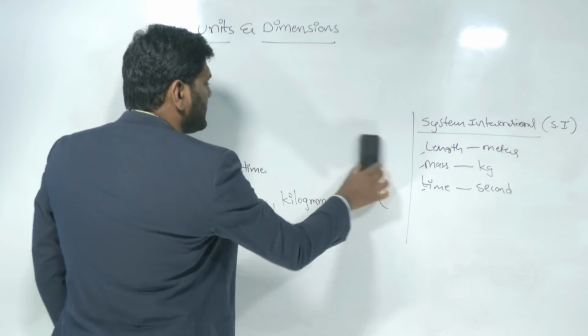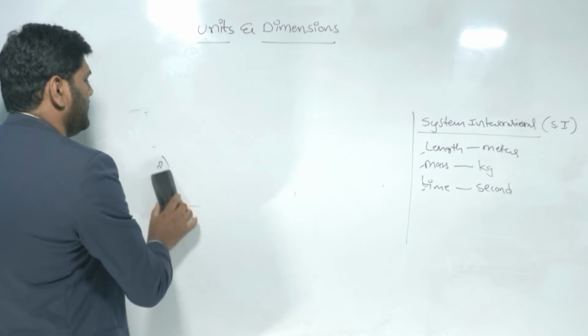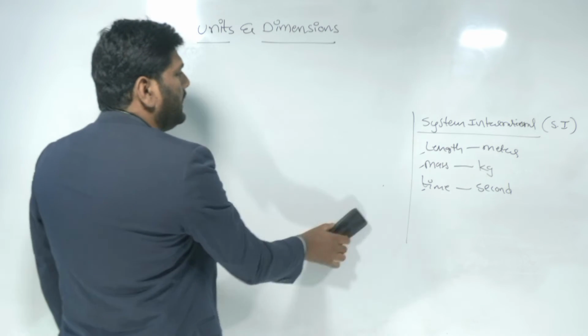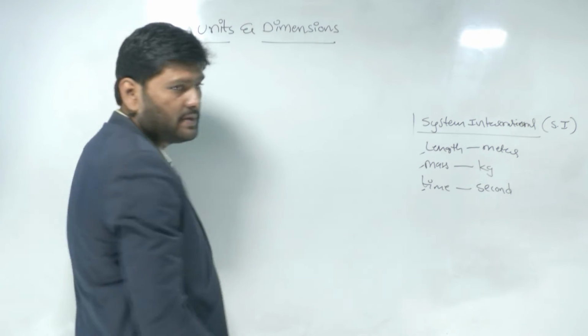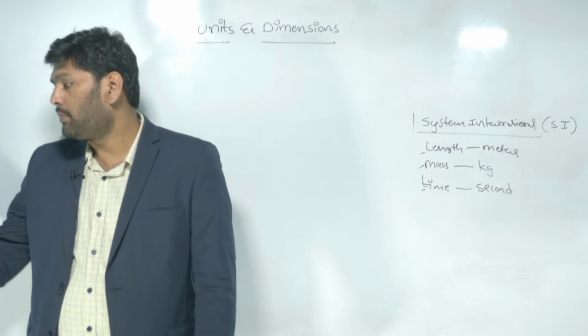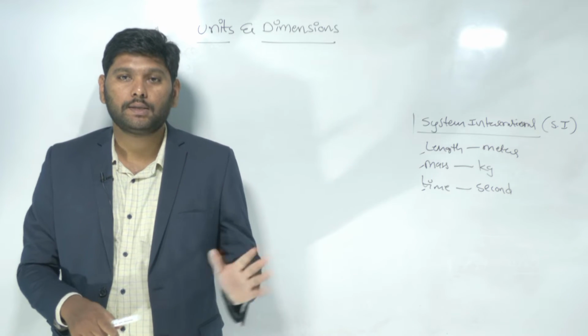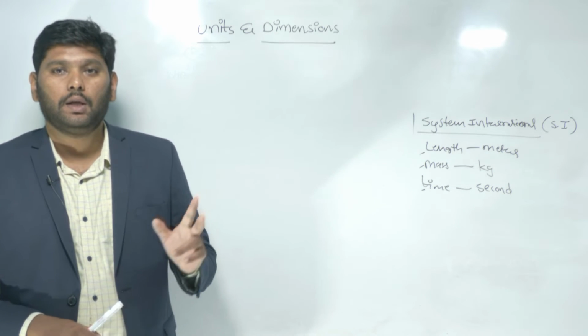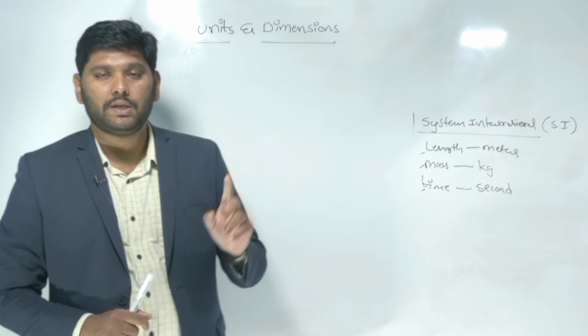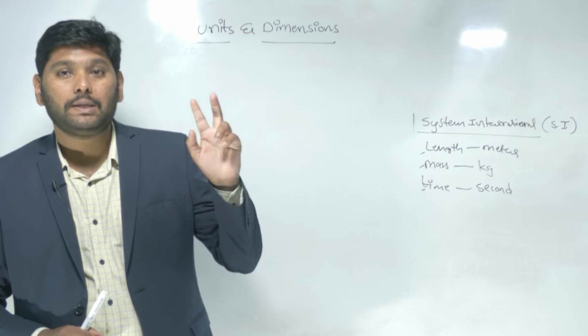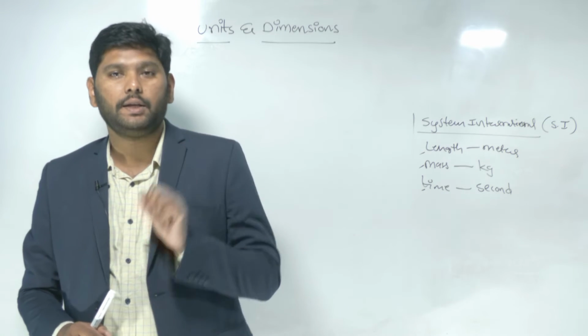Now, I already discussed physical quantities, countable quantities, uncountable quantities. Here countable quantities are known as physical quantities. But the physical quantities are of three types.